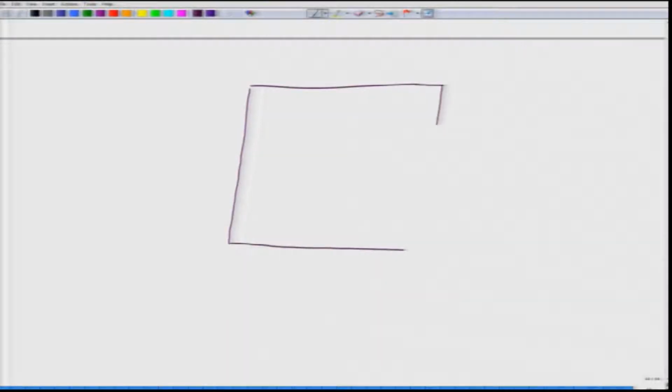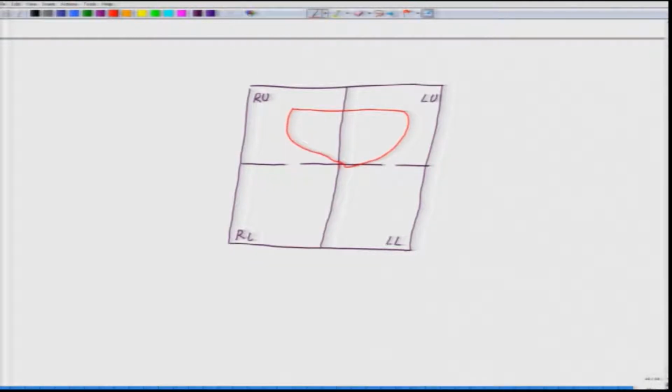If this is the four chambers of the heart, right upper, left upper, right lower, left lower, and we have already seen that this is how the pacemaker circuit is. AV, SA, right?